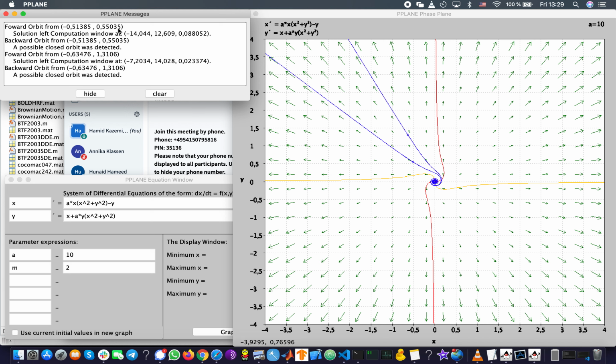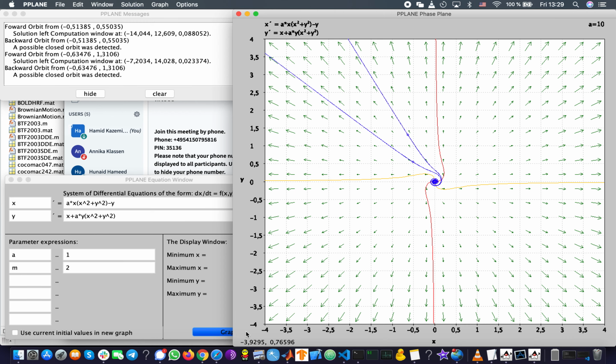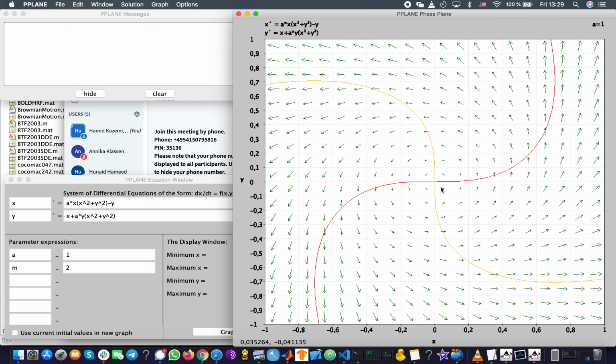Maybe if I change it like this, I think it depends on this value. Yes, it's better now. You will see that again you have these null lines, and this is going to actually show your spirals.